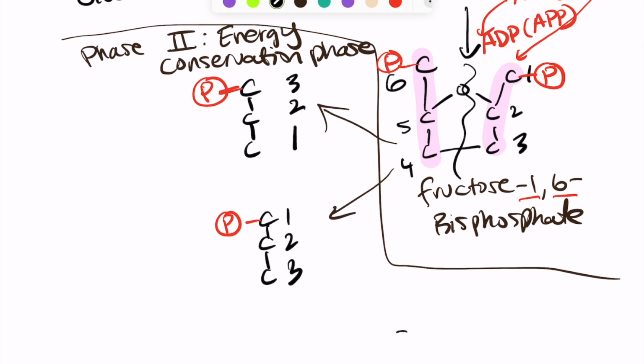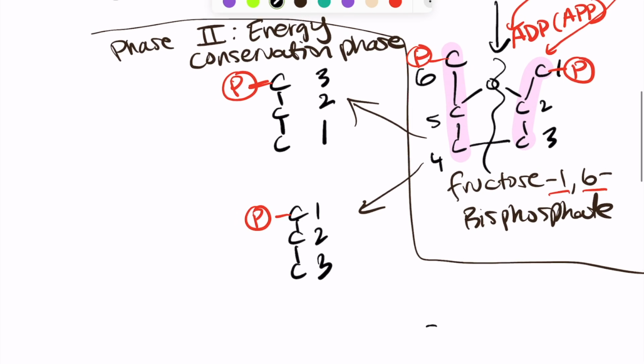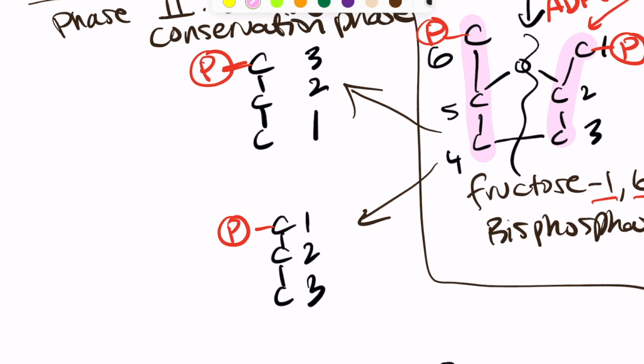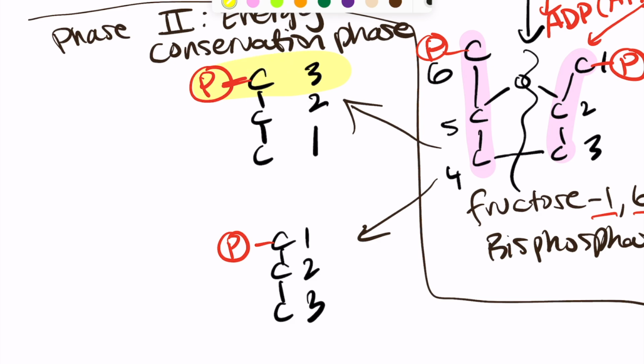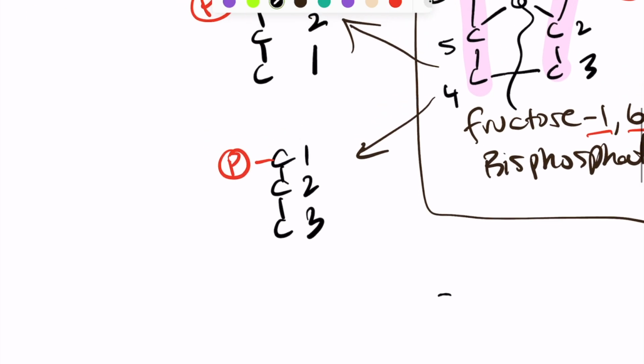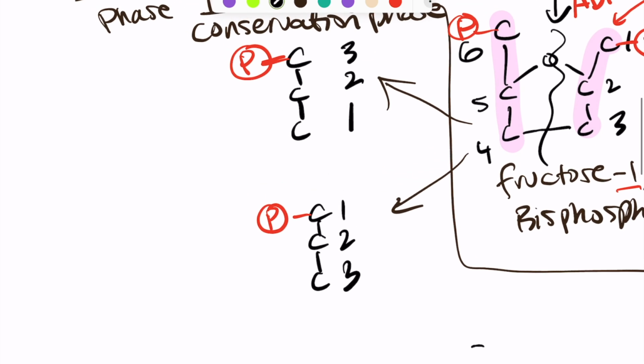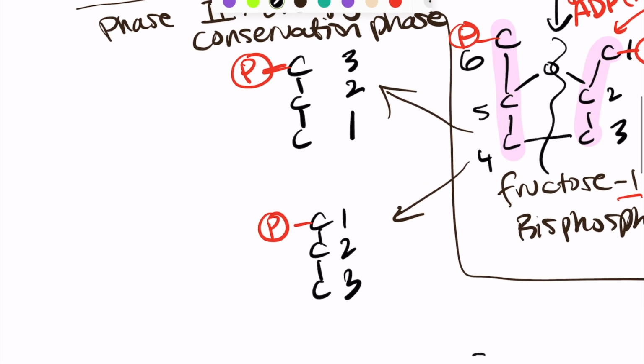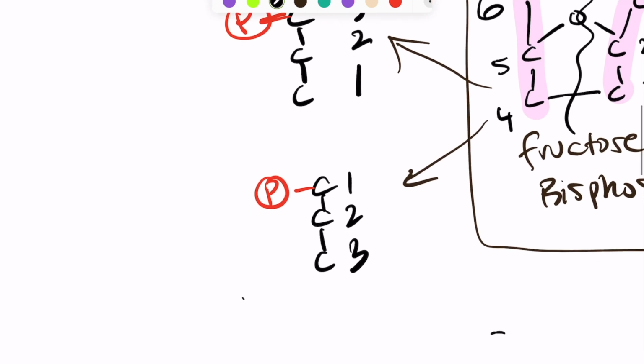Okay, so the main thing that you see the difference of right here is that there are phosphates on carbon number 3 here, and over here, phosphates on carbon number 1. And we actually want these 2 molecules to be the same. So you do have to remember the names for these 2 molecules when they split. So the bottom one is called dihydroxyacetone.